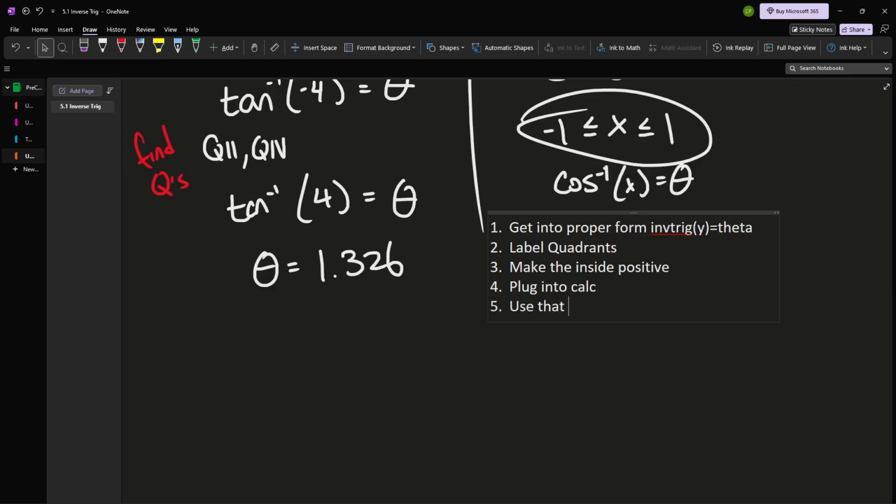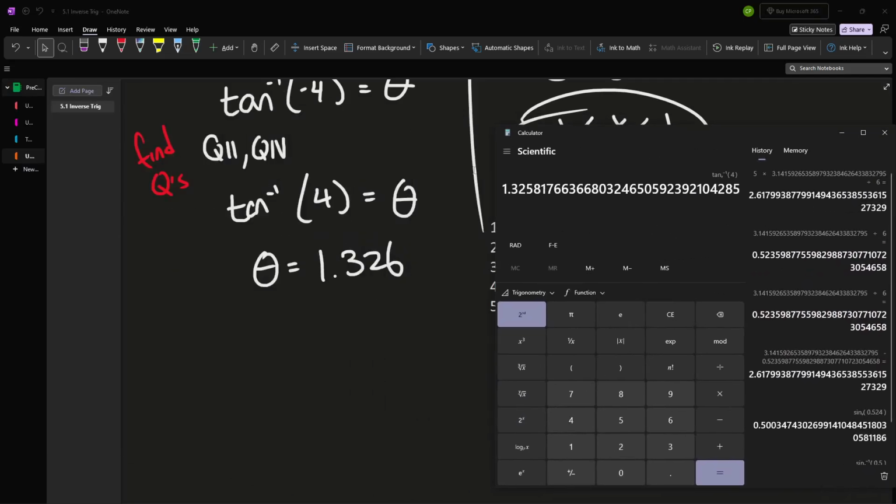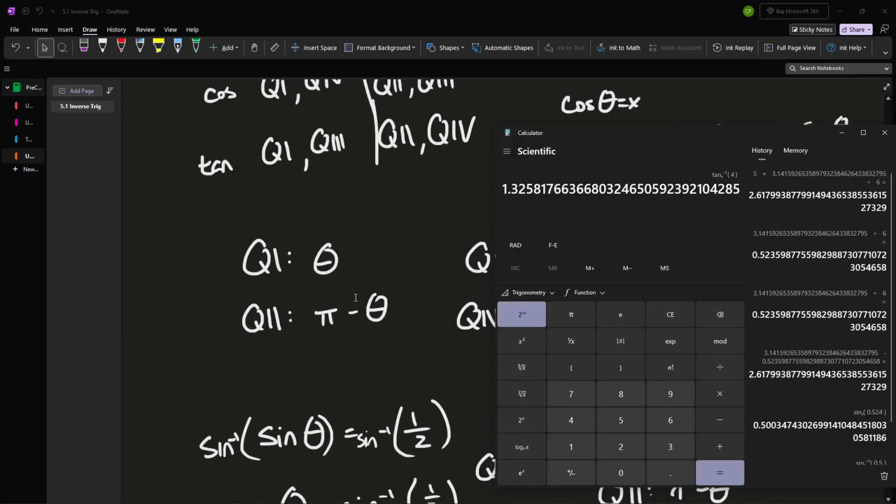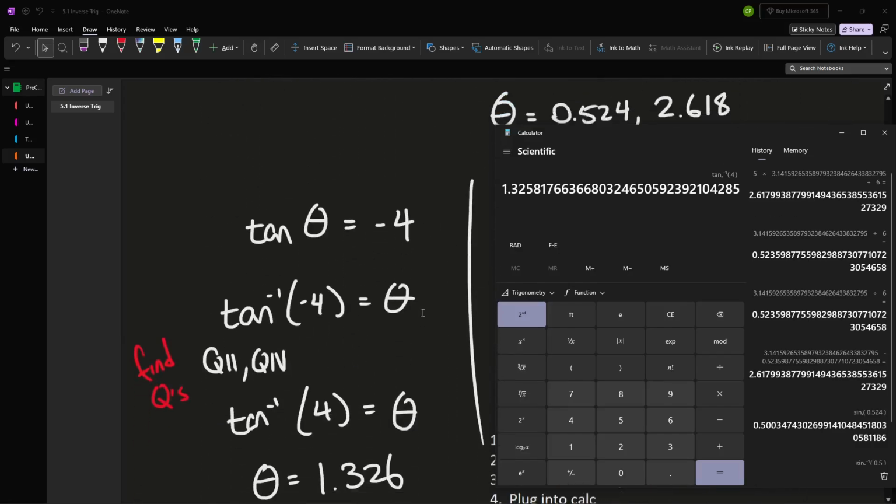Use that value on quadrants to find the angle in corresponding quadrants. We'll do this first. In quadrant 2, I have pi minus my angle.